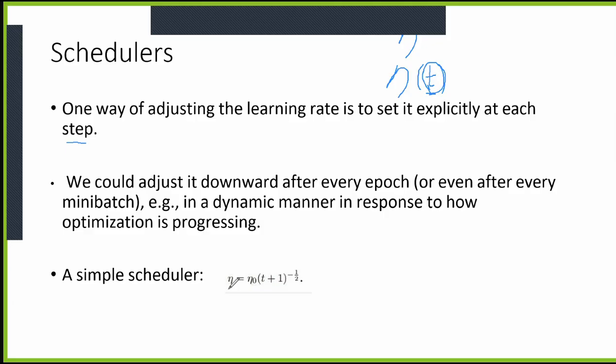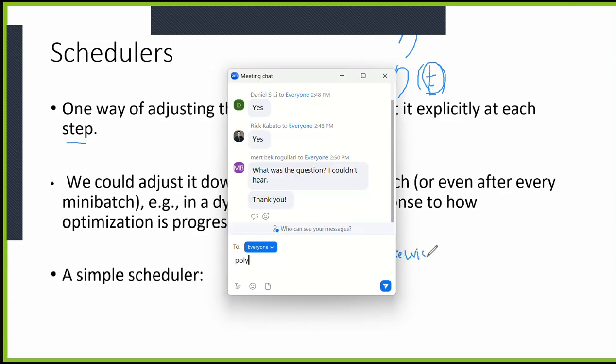So this is one example of a simpler schedule. Would someone like to give it a try on which dynamic learning rate this corresponds to, from the three options that we saw before: the piecewise learning rate, the exponential learning rate, and the polynomial?